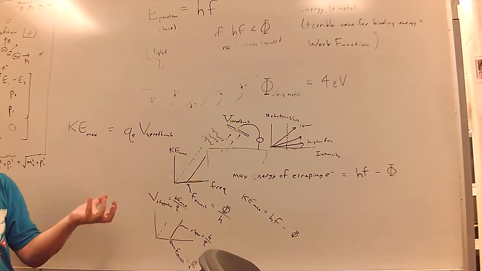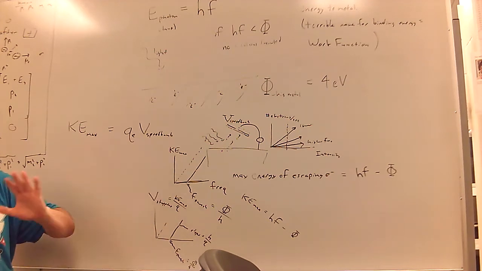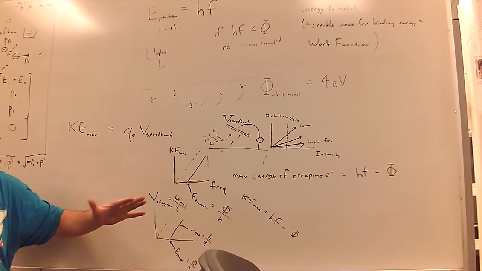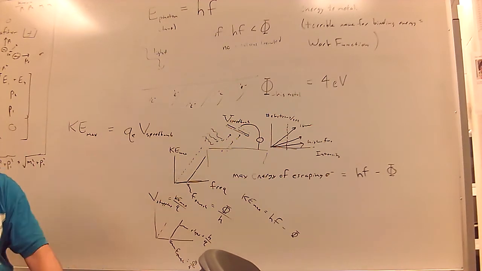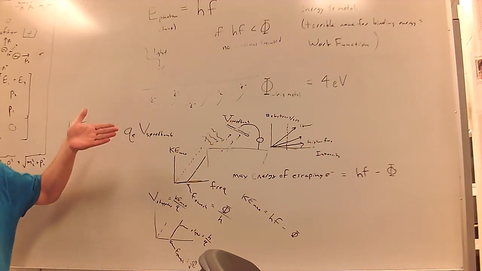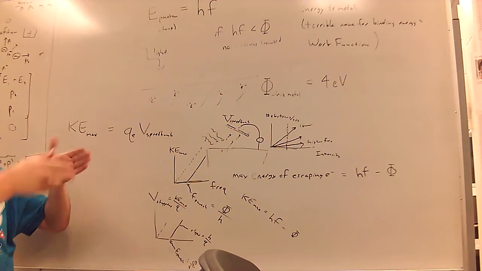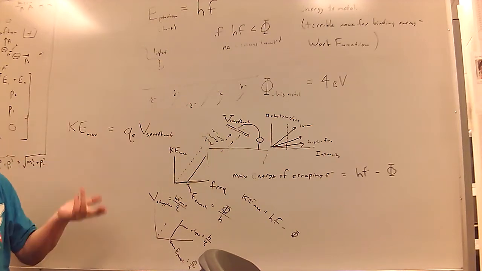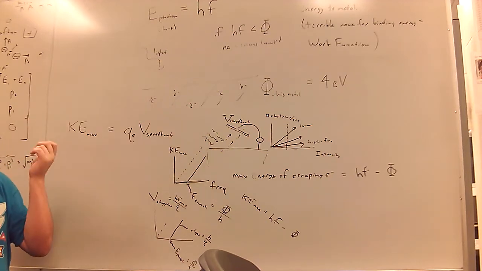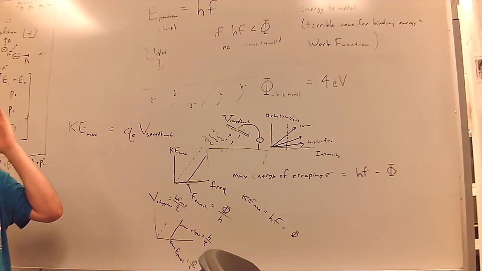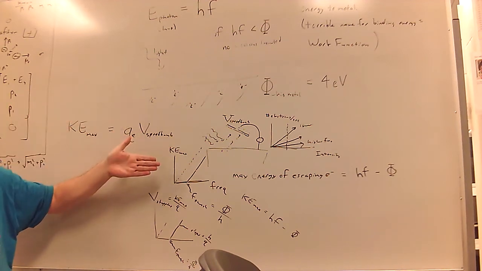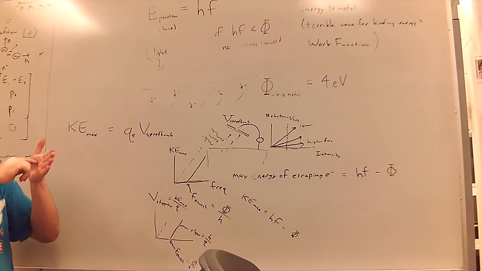What would be the slope of this line? Well, the slope of your line for Ke max, which would be hf minus your work function, would always just be h. It would tell you Planck's constant. The slope of the line, if you're graphing stopping voltage, would be Planck's constant over Q.